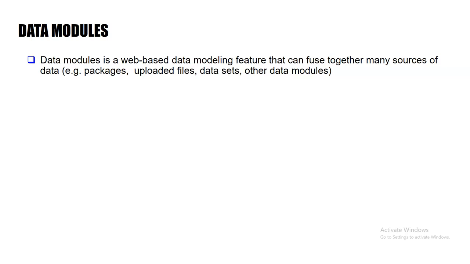In the same way, a data module is a web-based feature in Cognos, which allows the data analyst to fuse, that is join, combine multiple data uploads into a single homogeneous data set. So you can imagine it as a package or a single container. A data module can be assumed as a single container of multiple uploaded data files together.